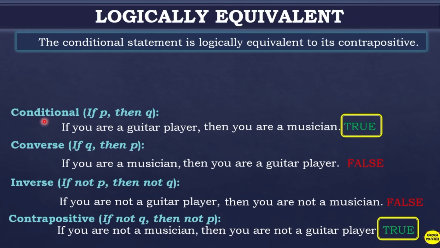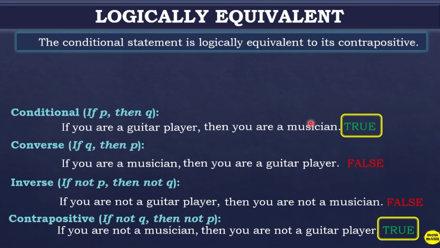Logically equivalent daw siya sa ating contrapositive. Why? Because as you can see, the truth values are both true. So, ang parehong lumabas sa kanila ay true. So, sabi, mako-consider lang natin siya na logically equivalent kapag pareho ang kanilang truth values. So, si conditional statement is logically equivalent to its contrapositive since they are both true.